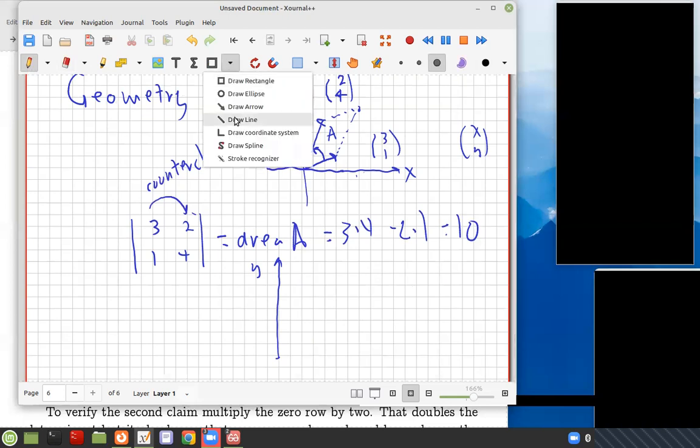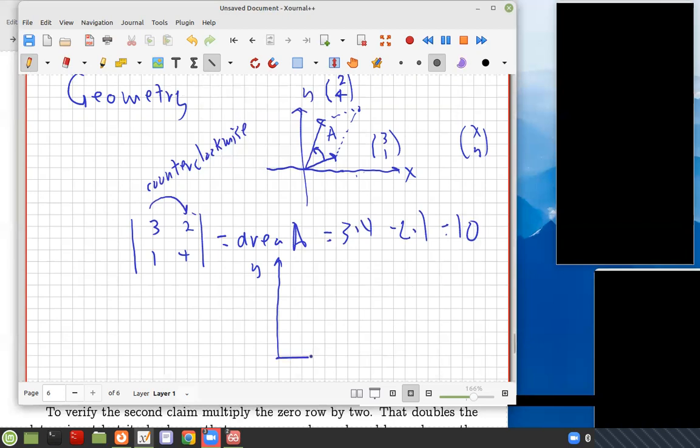Actually, we want to go over, say, 1, 2, 3, and over 1, 2, 3, 4, and then we go over 1, 2, 3, 4.